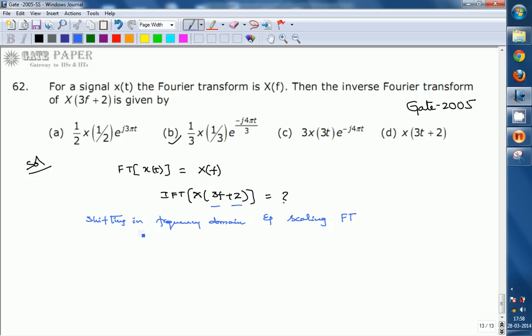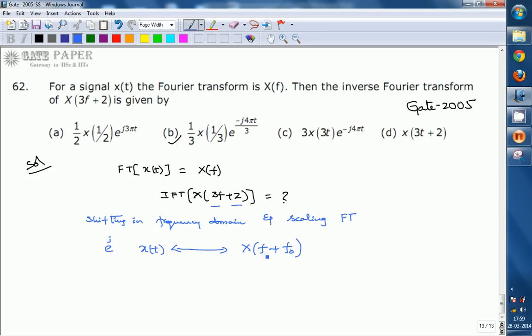Now we will see the shifting property in frequency domain. Considering the Fourier transform X of f shifted by the factor f naught, the time domain representation x of t is multiplied with e power j omega naught t.